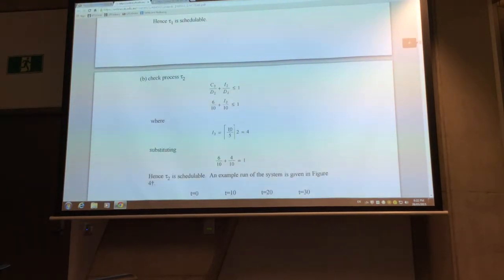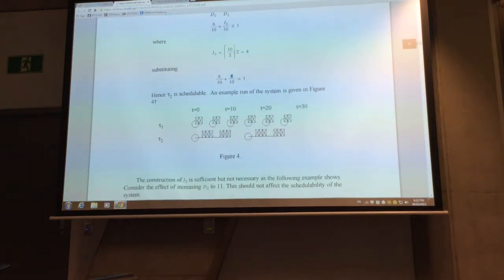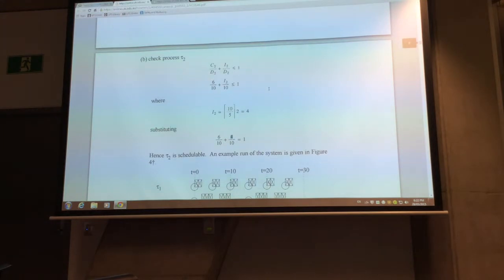So deadline for task 2 divided by period for task 1, 10 over 5 is 2. What's the ceiling of 2? 2. 2 multiplied by the execution time for task 1, which is 2, is 4. So there's our interference factor, and we can see that the inequality is satisfied, so good, the tasks will meet their deadlines. Both of them will.